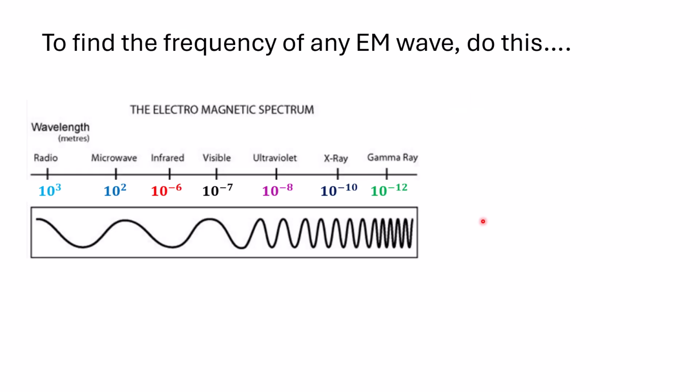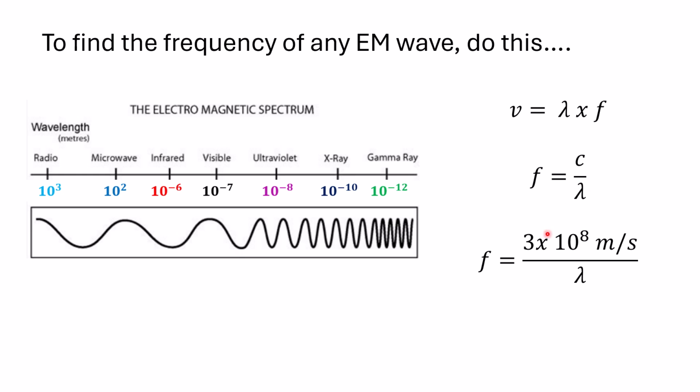Now you may be asked the opposite, to calculate the frequency. How you do that is very simple. You know the speed of a wave is the wavelength times frequency, and rearranging the equation, the frequency is the speed of a wave from the electromagnetic spectrum, all waves travel with the speed of light, or c, divided by the wavelength.